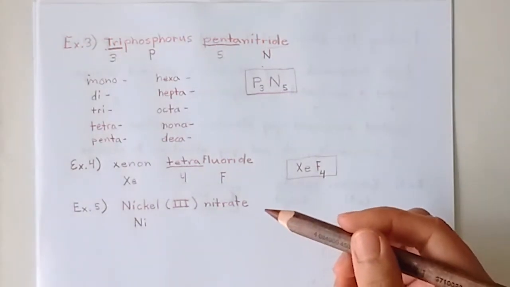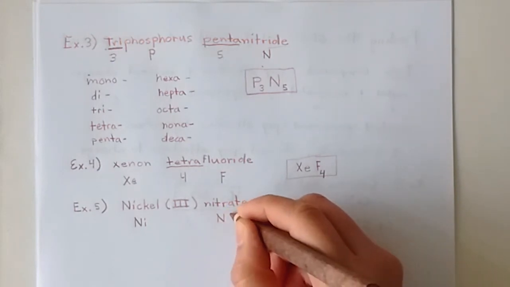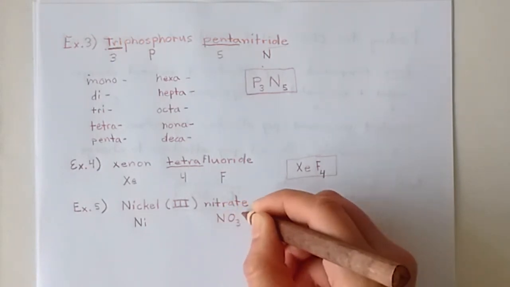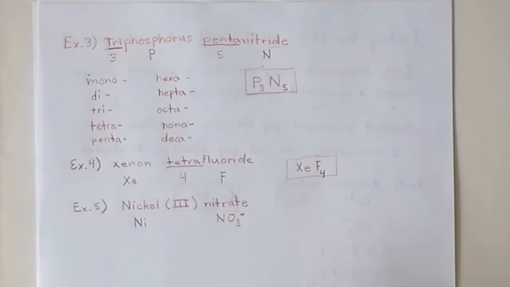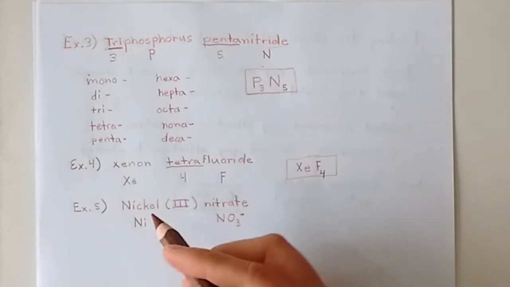So nitrate is NO3 -1. So it's made up of a nitrogen atom and 3 oxygen atoms, and the polyatomic ion has a -1 charge. We also know from the Roman numeral 3 that nickel has a positive 3 charge.